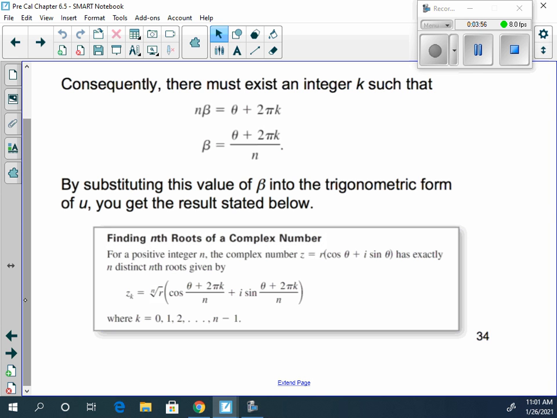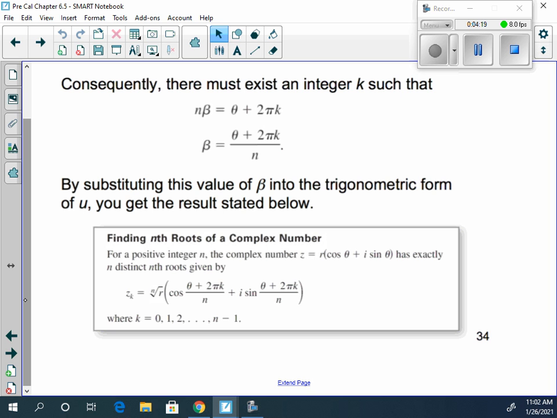Distinct roots. So if we're looking at a cubic, well, how many roots should we have? 3, yes? Now, if you notice, the value of k starts at 0. Well, we have 3 distinct roots, yeah? So n would be 3 for a cube, right? Oh, it's going all the way up to n minus 1. You're good. All the way up to n minus 1.